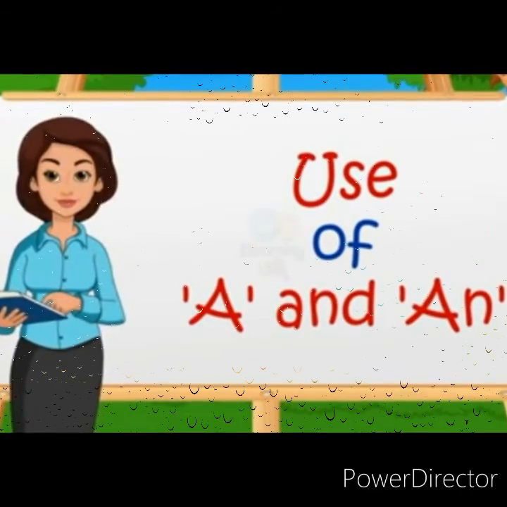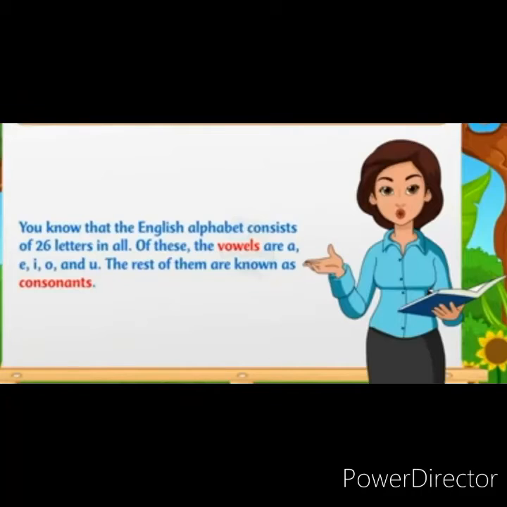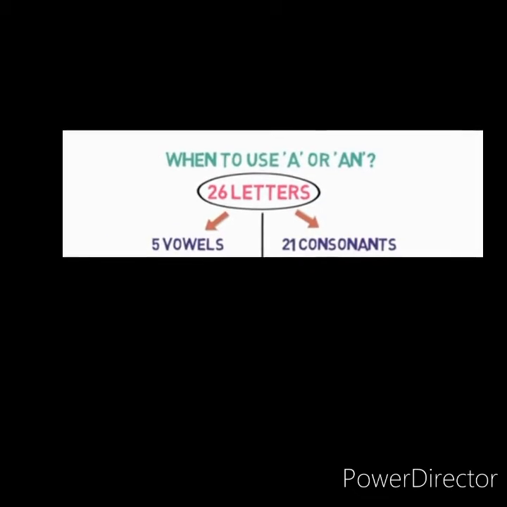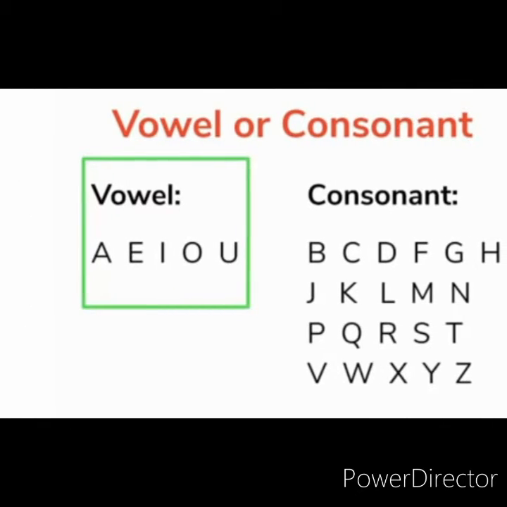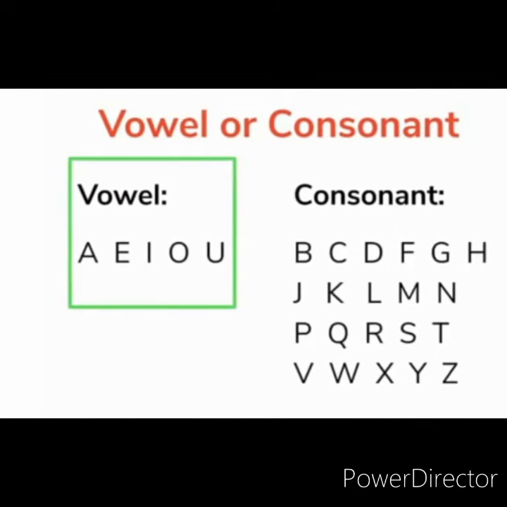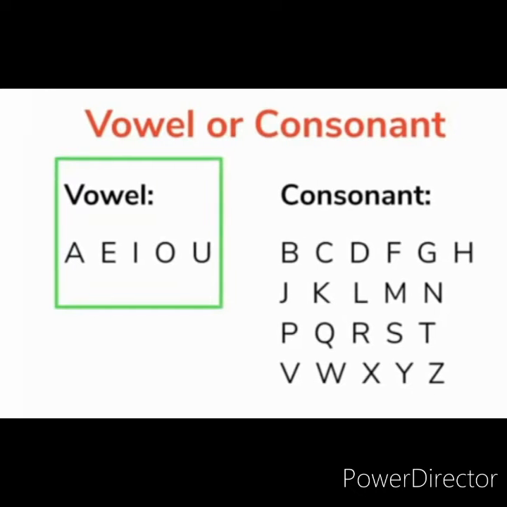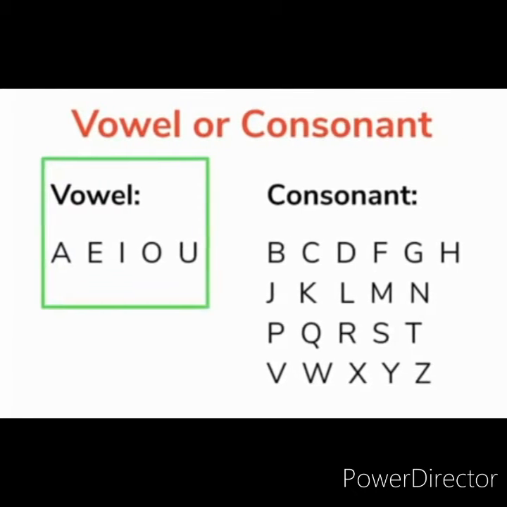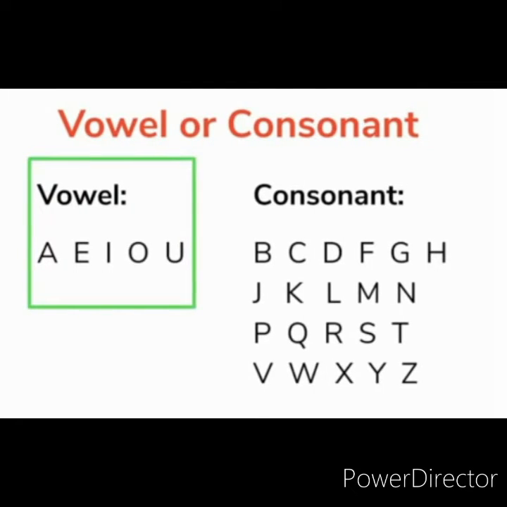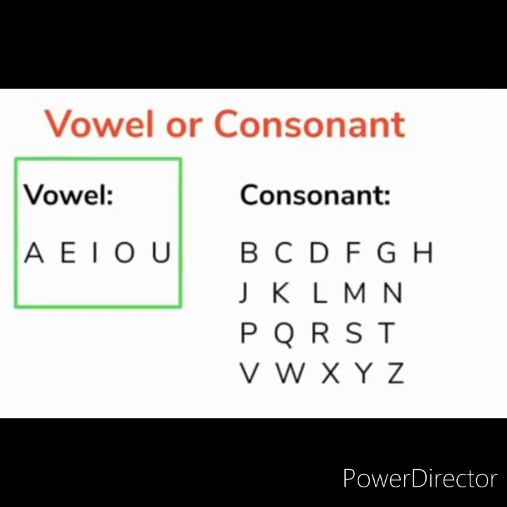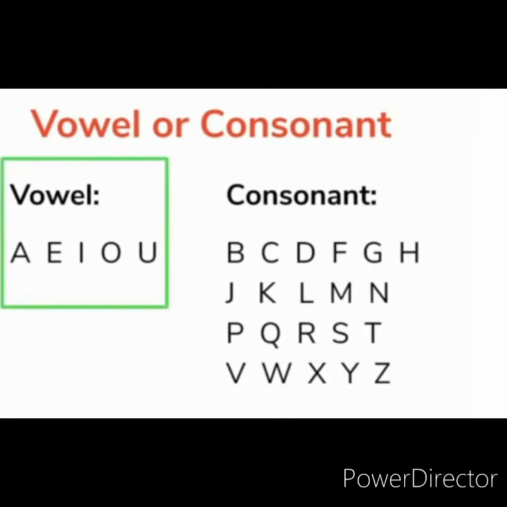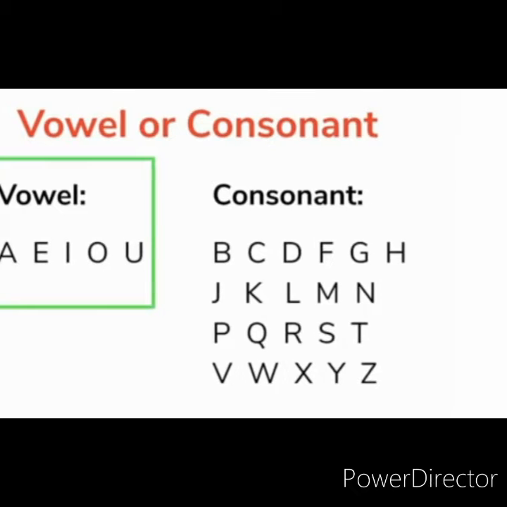Now, you know that there are 26 letters in English, out of which 5 are vowels and 21 are consonants. The 5 vowels are A, E, I, O, and U. And the 21 consonants are B, D, F, G, H, J, K, L, and so on.